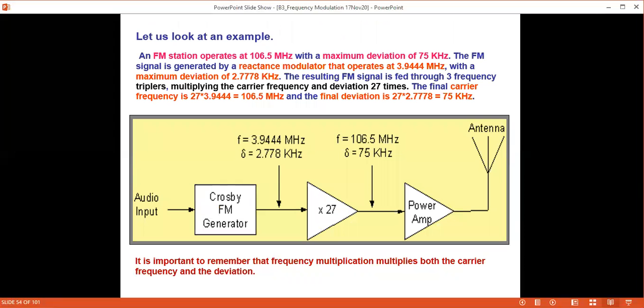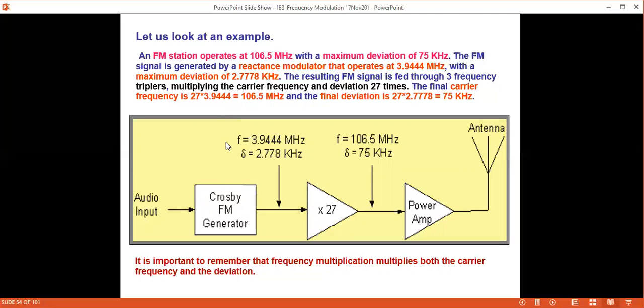Okay, so here is an example of if we have a multiplier in our circuit to increase our deviation, and also normally the operating frequency for direct FM is not very high, so that's why we use a multiplier to increase the operating frequencies too.